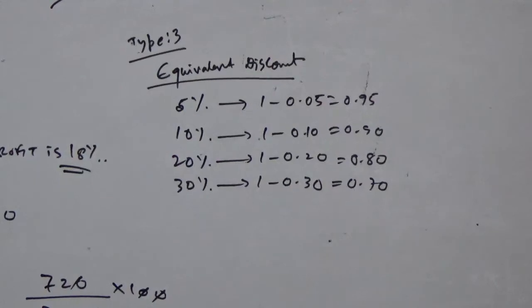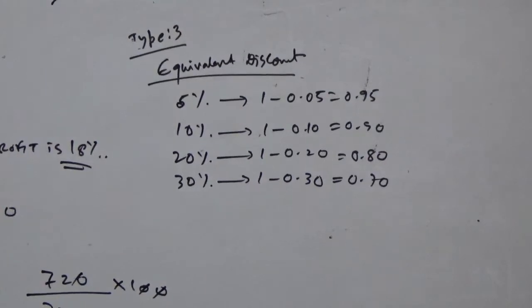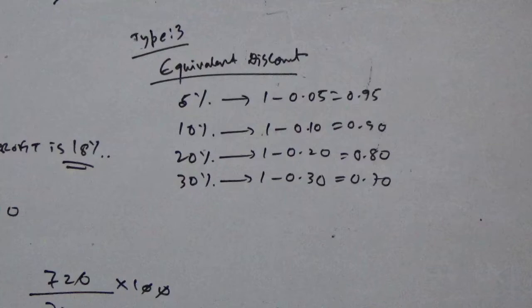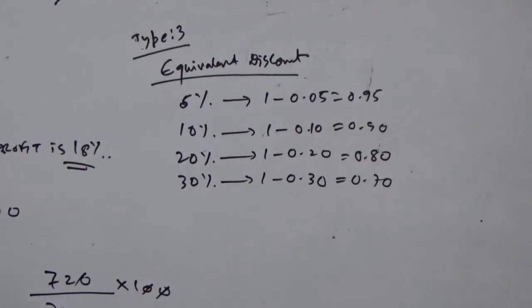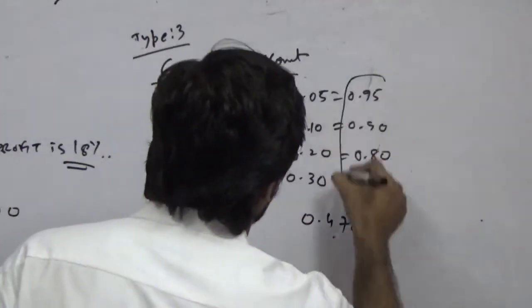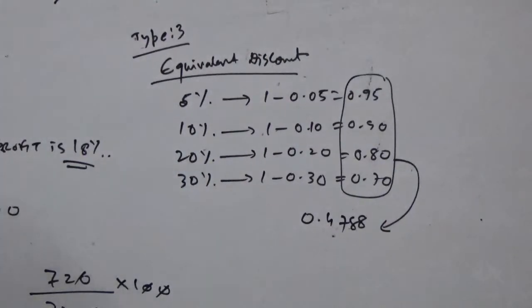Now, in order to find the final value of the structure, all you need to do is multiply the different values. If you multiply all these values, you will get 0.4788. The product of these four is 0.4788. So what is the ultimate discount?